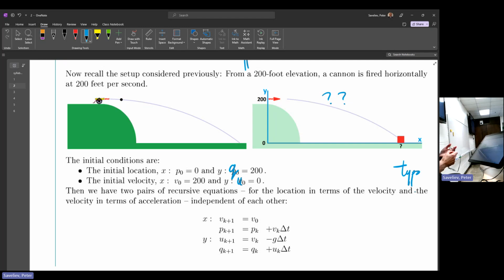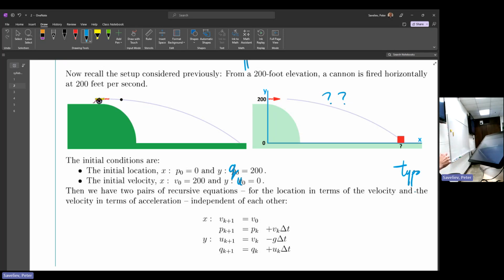You have the initial location for X, which is 0, and for Y, which is 200, and the initial velocity is 200 for X and 0 for Y. There is no vertical component, as you can see, we're just shooting it forward.